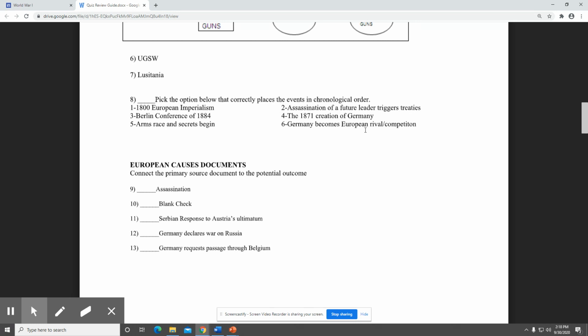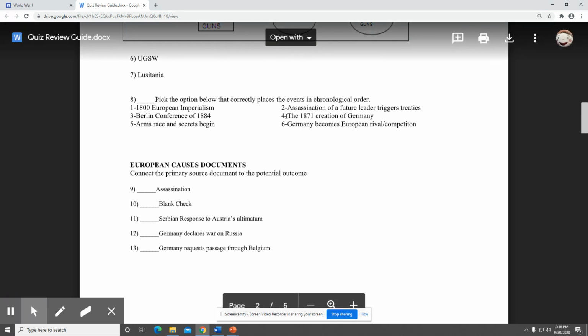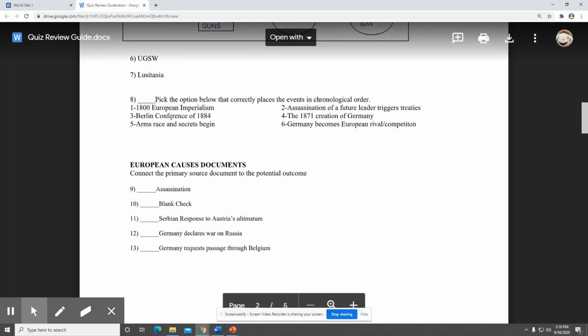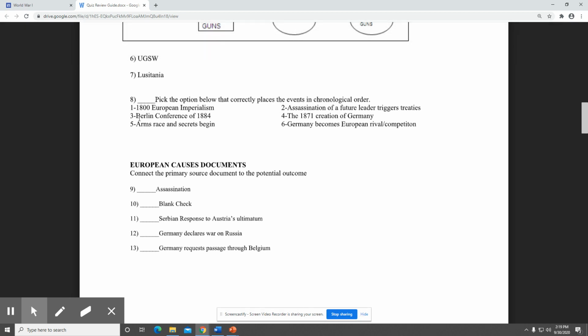Okay, so we also have yet another date here, which is 1884. So I know that number 4, 1871, has to be before that. So I'm going to say 1 is the first thing that happens, 1800 European imperialism. Then we have the creation of Germany. Then 3, the Berlin Conference of 1884 is the third thing to happen.